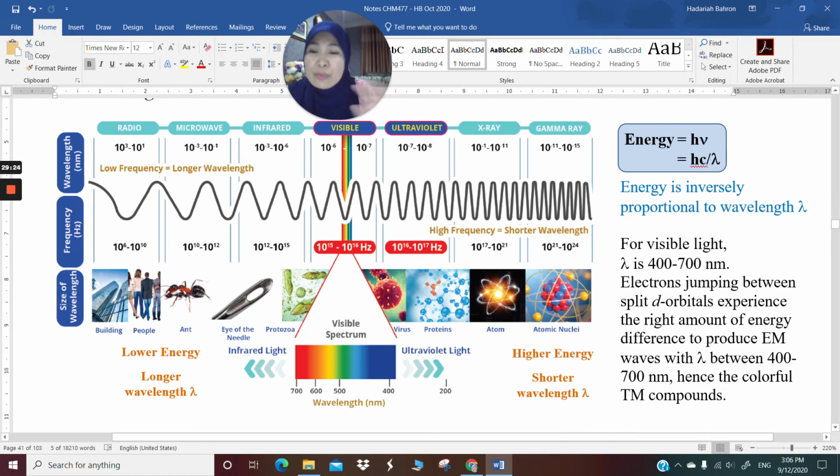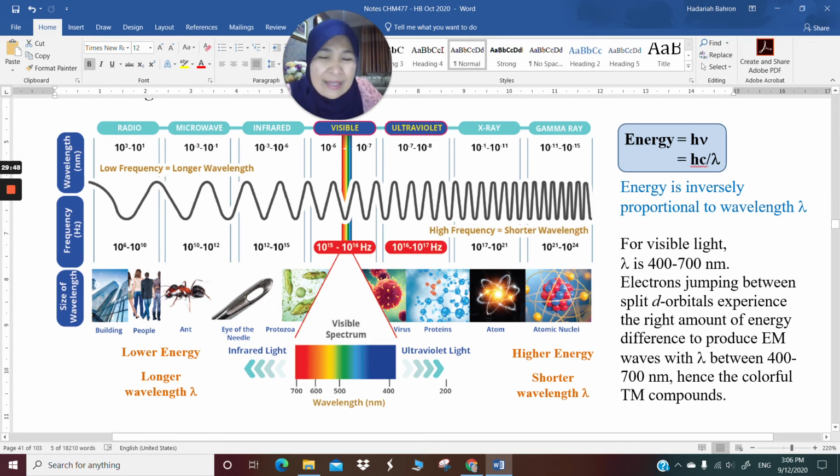So when we move from low frequency, which is long wavelength, the energy is low because of Planck's equation. You don't have this in your notes, so you can write it down yourself.